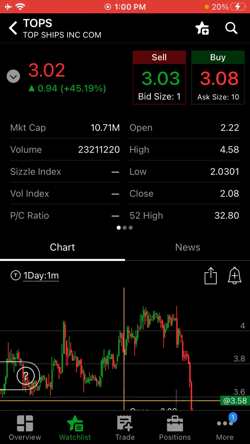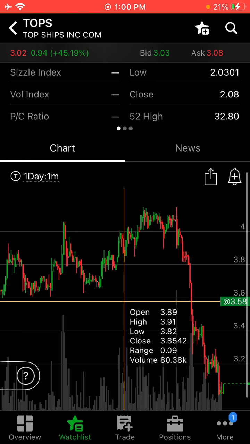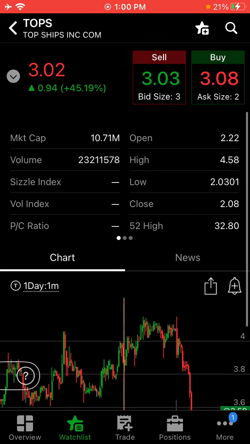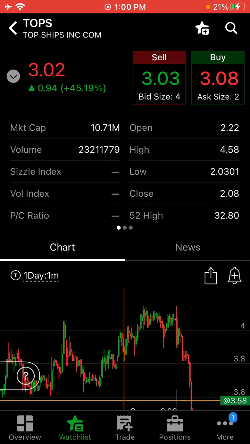So if we know the market cap, which is 10.71 million right now, and then if we take the current price, which is the closing price right now, so now when it's after hours, after the market closes, the market cap will only be based off the close of the price, which is 3.02.